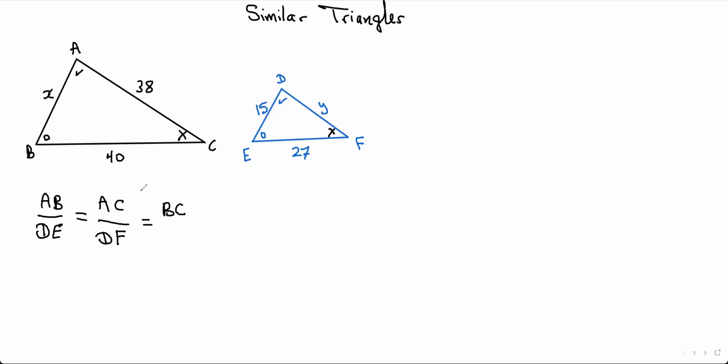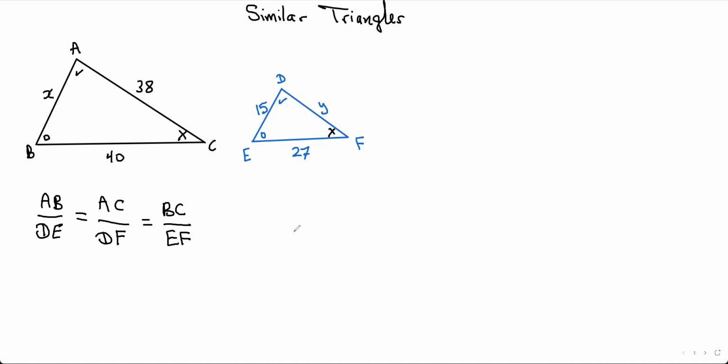You notice the top is always the triangle on the left side, and on the bottom, the triangle on the right side, over EF. Why BC over EF? Because BC is from the little circle to the X, and EF is from the little circle to F. Okay, that's one way you could solve this.